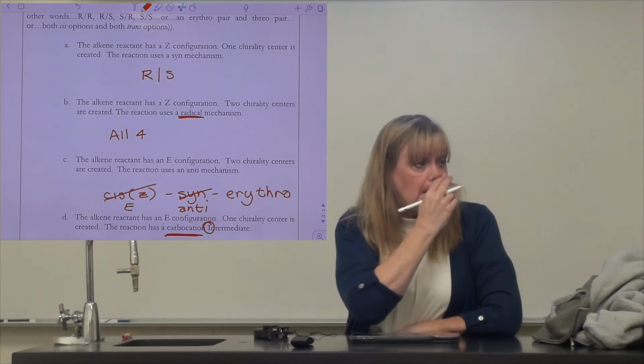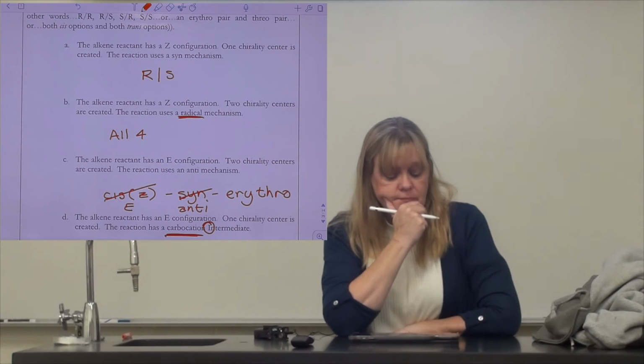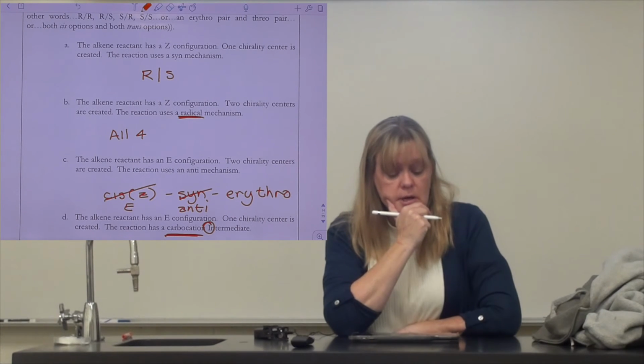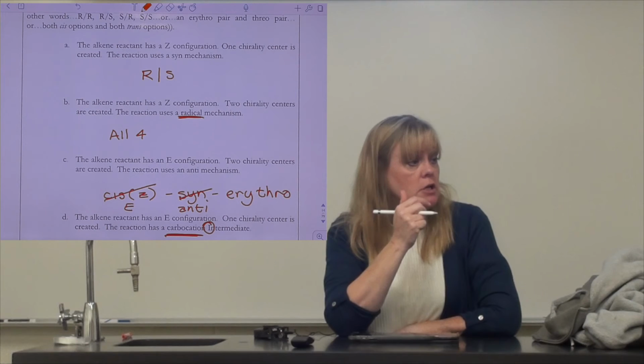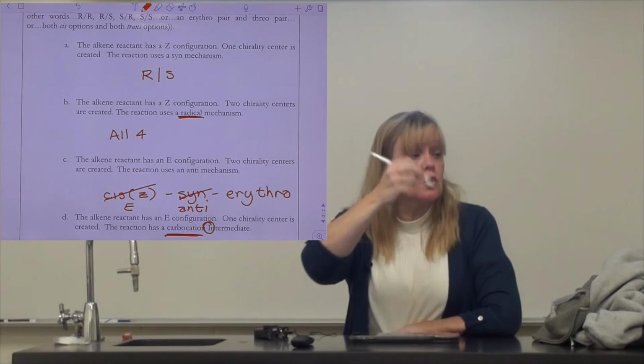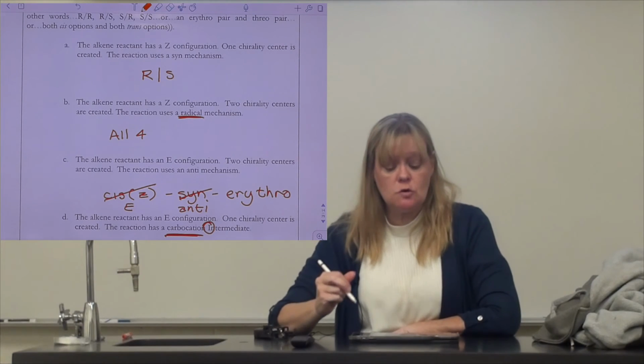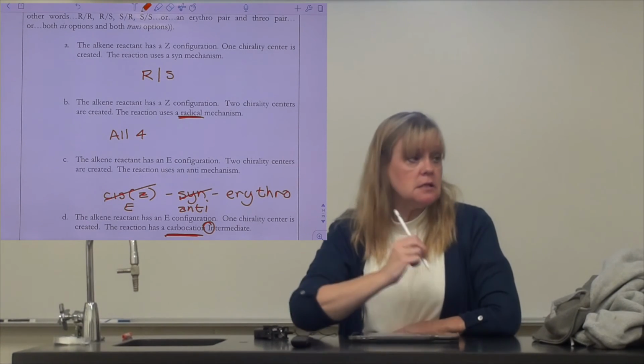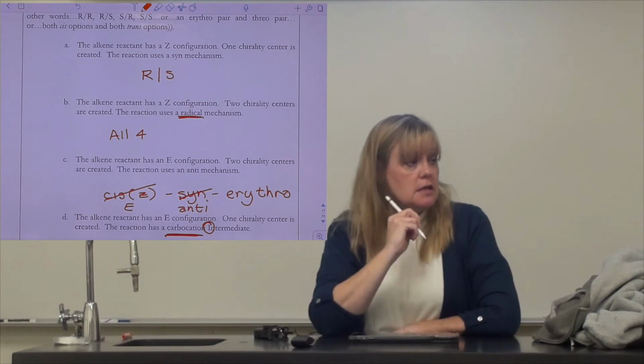You crossed out 2 things because there are 2 chirality centers being created? No, I crossed out 2 things because it says that the alkene reactant has an E configuration, and you always go cis, syn, erythro. If something matches, you don't cross it off, but if it's different, then you do. So it's not Z, it's E, so I had to cross that off and write the E in there.